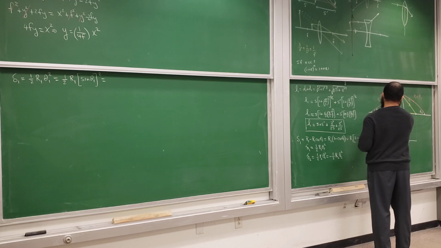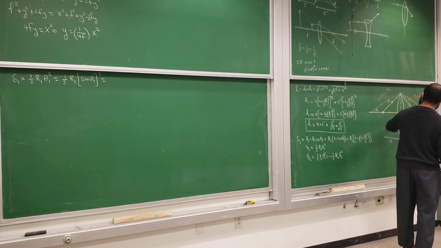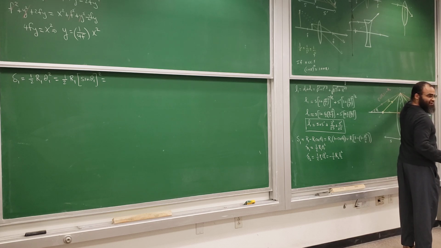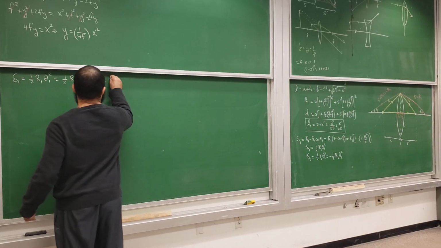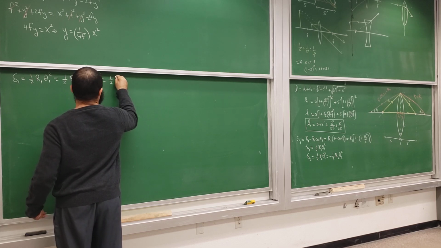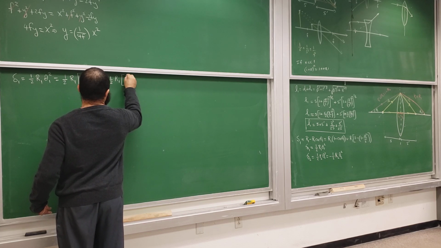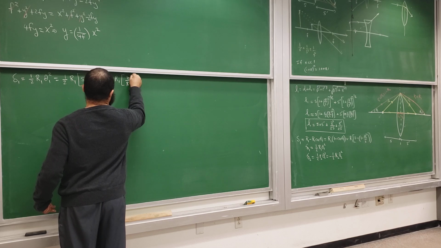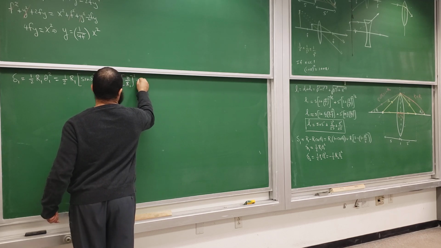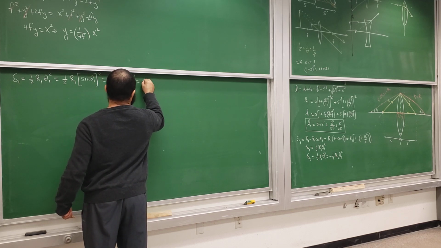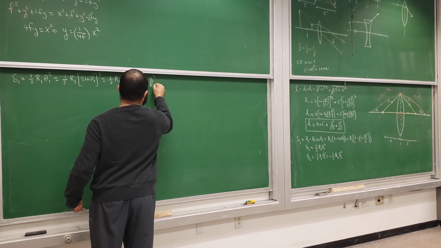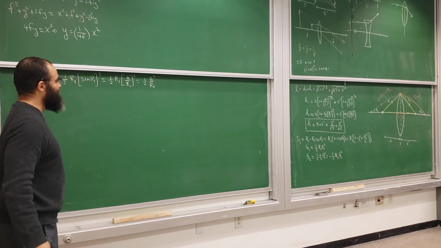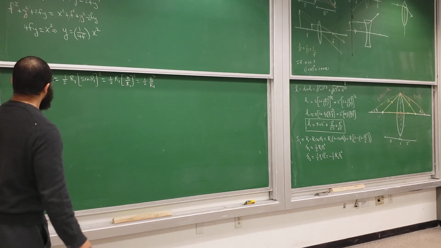The sine is z over R1. So it will be 1/2 of R1 times z over R1 squared, and that's equal to 1/2 of z squared over R1. Does that make sense?